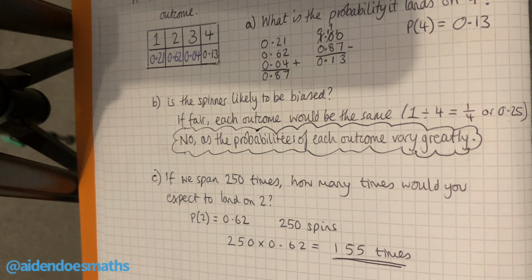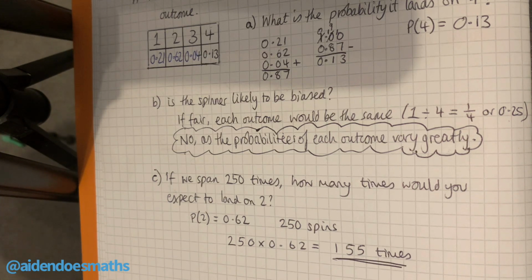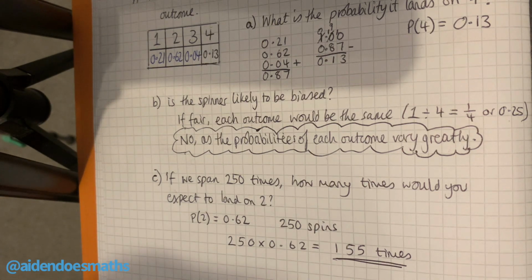Sometimes it could give you a decimal. In that case, the question would say to you estimate. Even these questions could say estimate because we don't know these probabilities are exact. And also, another reason that a question is likely to say estimate would be because if you spin it 250 times, you're not necessarily going to get the exact probabilities.